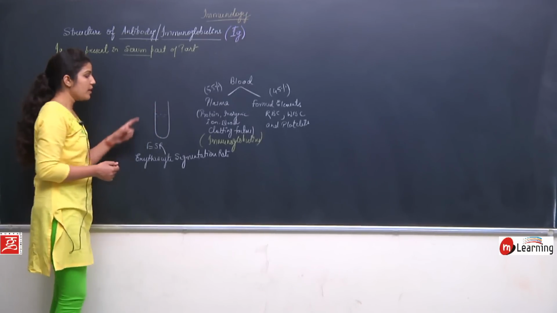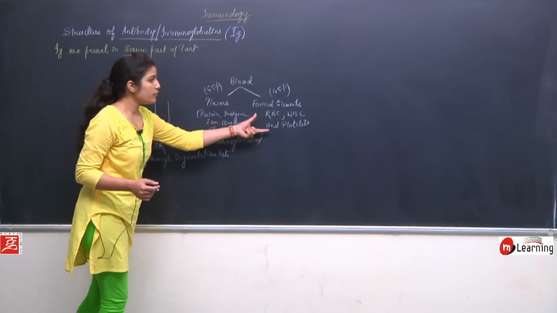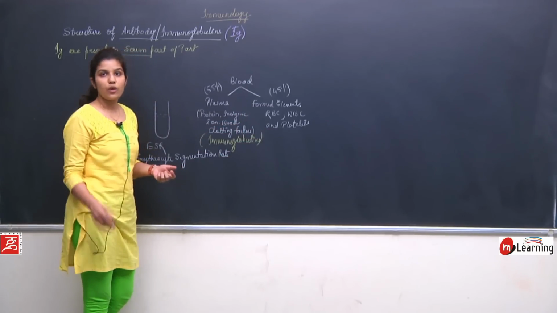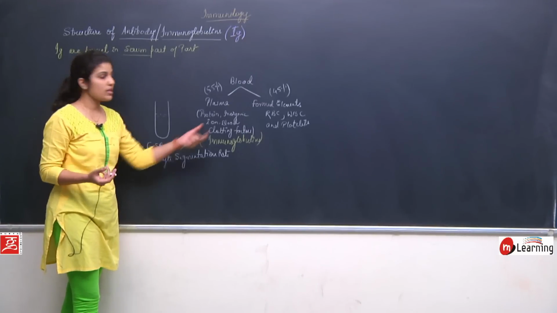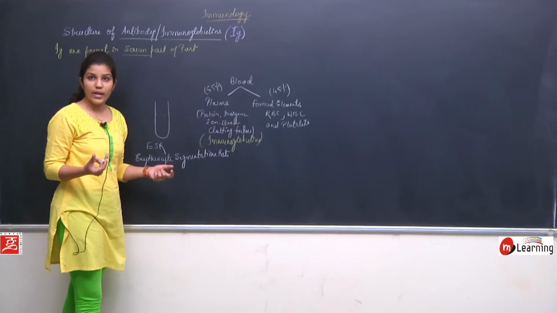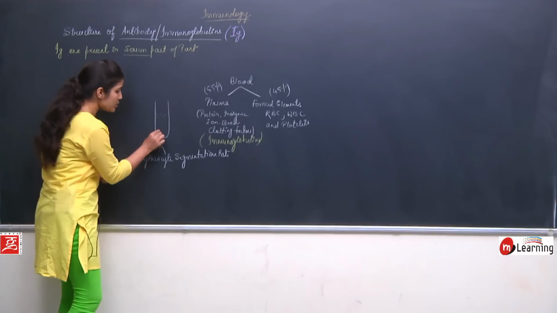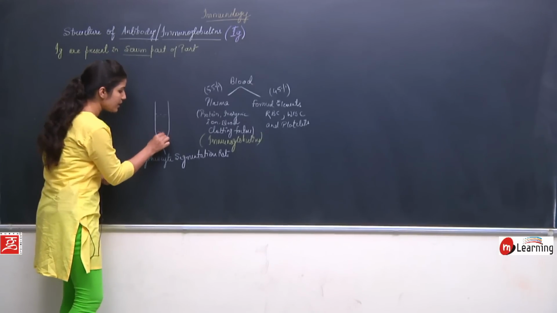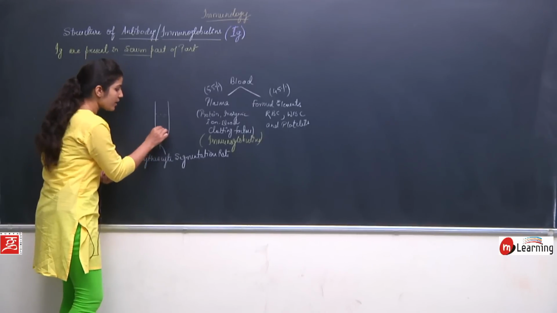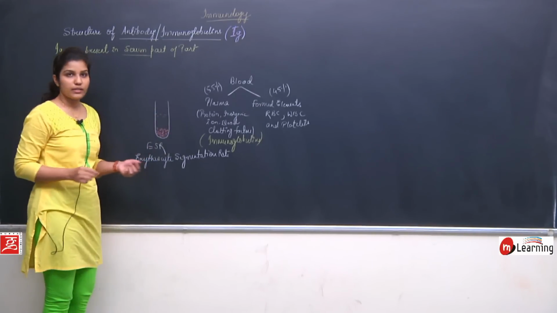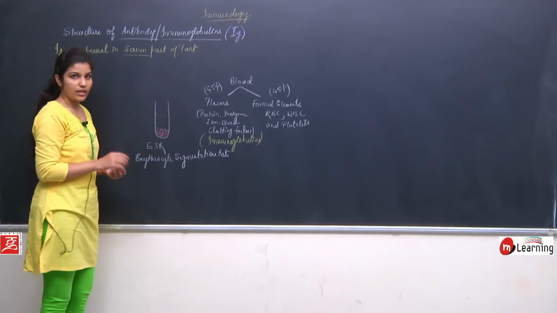Now, we know that the formed elements are quite heavy and viscous. So after some time these formed elements will be deposited in the lower portion of this tube. They get sedimented, okay.